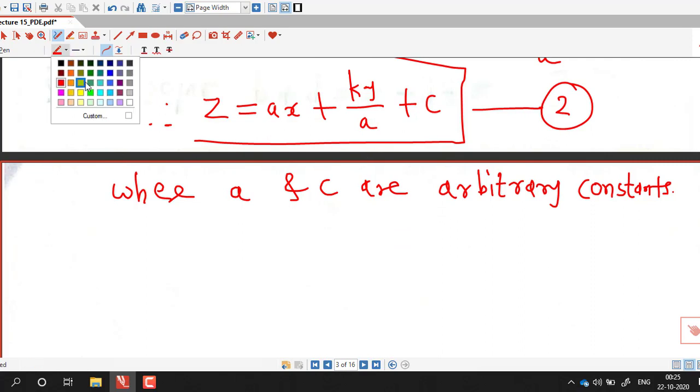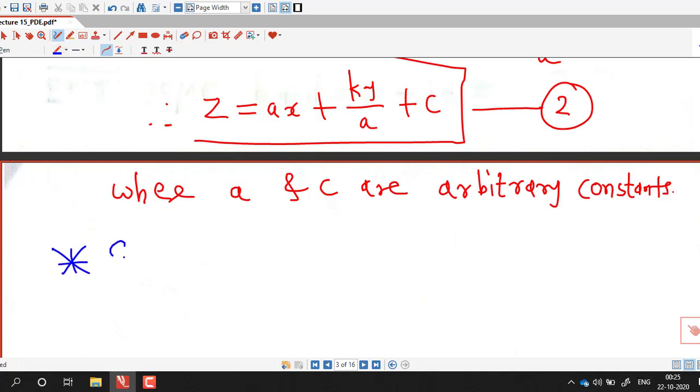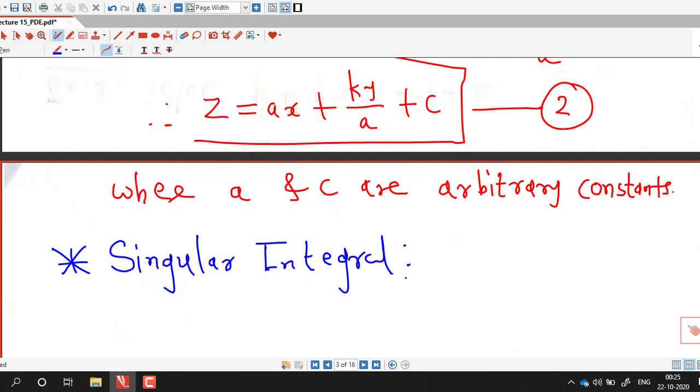As we know, the singular integral can be obtained from the complete integral by eliminating arbitrary constants, and to eliminate arbitrary constants we have to differentiate the complete integral with respect to the arbitrary constants.